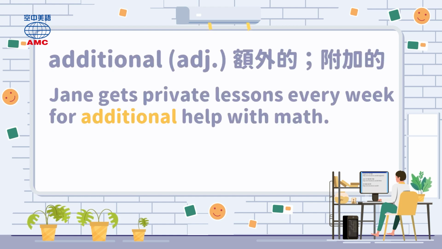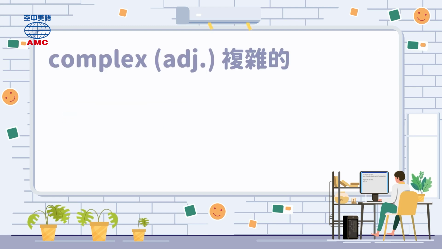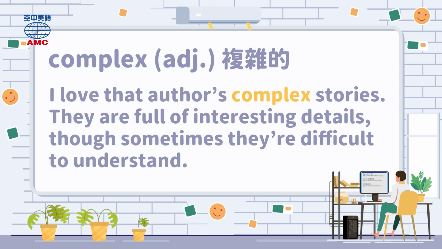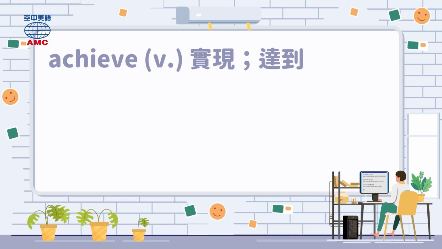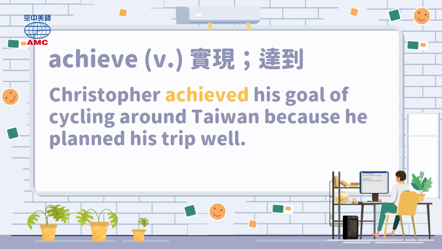Additional. Jane gets private lessons every week for additional help with math. Complex. I love that author's complex stories. They are full of interesting details, though sometimes they're difficult to understand. Achieve. Christopher achieved his goal of cycling around Taiwan because he planned his trip well.